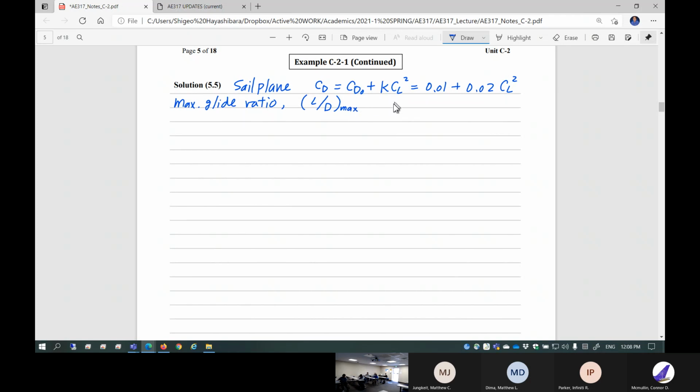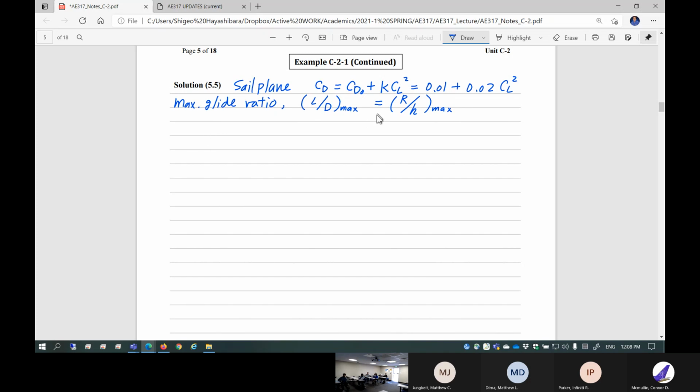Lift to drag ratio maximum is essentially equal to glide ratio maximum, range divided by altitude maximum, okay? So this is something called optimum glide ratio or max glide ratio. So this is the maximum range you can achieve with a minimum loss of altitude, okay?